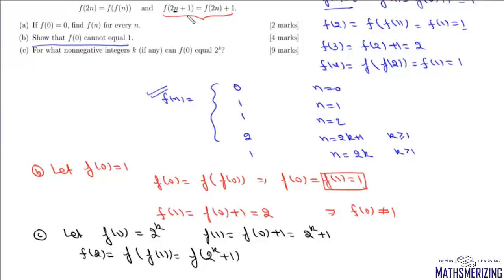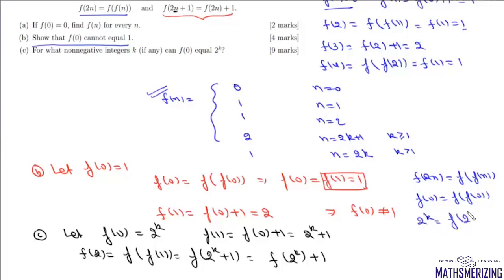So from this first equation we can also write f2n is equal to f of fn, so f of 0 equals f of f0. Now f of 0 is 2 to the power k, and this is f of 2 to the power k. So from here we can say that f of 2 to the power k is the same as 2 to the power k. So from here we can write f2 as 2 to the power of k plus 1.